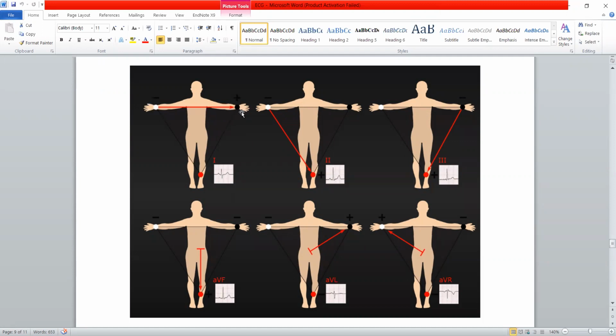This is lead 1. Now look at lead 2. Lead 2 has a positive terminal on the left foot, and both of them have their negative terminal on the right arm.